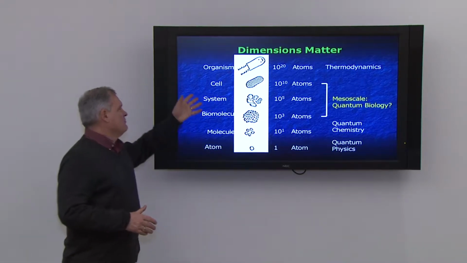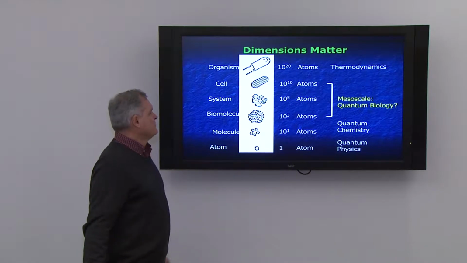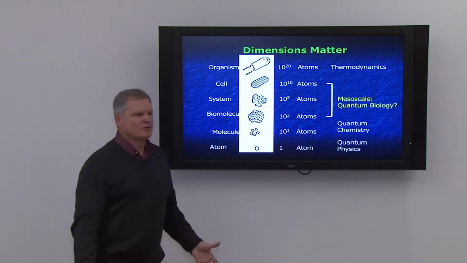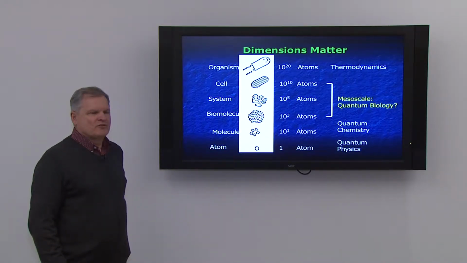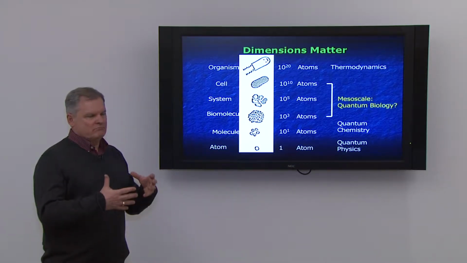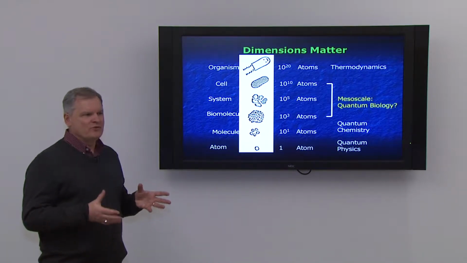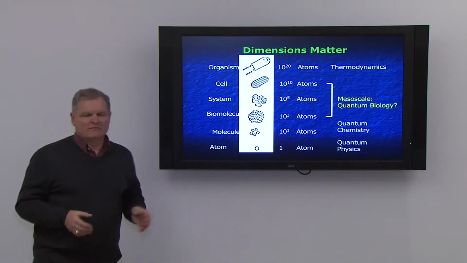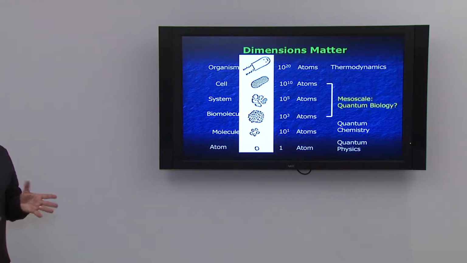And beyond that, we go into the organismic scale, where we talk about 10 to the 20th atoms or more. And typical descriptions will be at the microscopic level, thermodynamics, cell mechanics. So classical physics adapted to biological systems, describing them reasonably well, with some difficulties sometimes, but most of the time not.